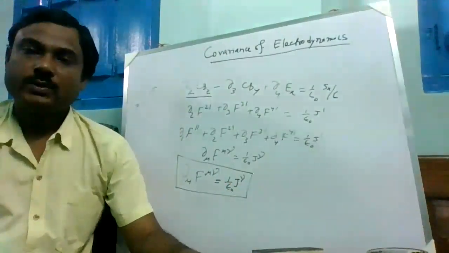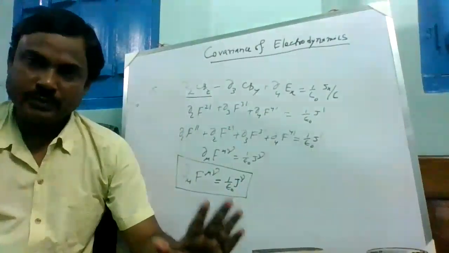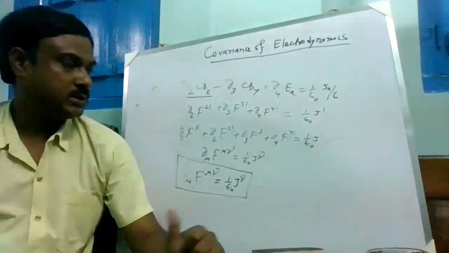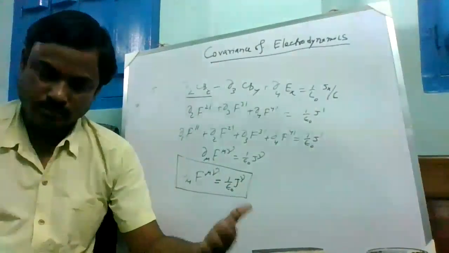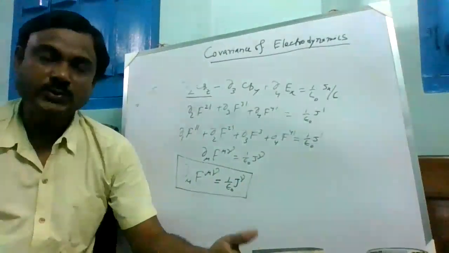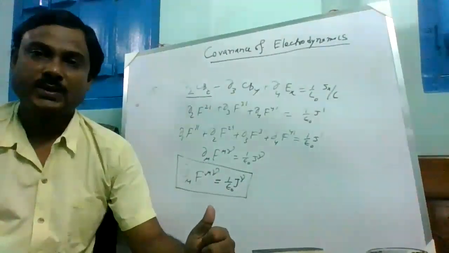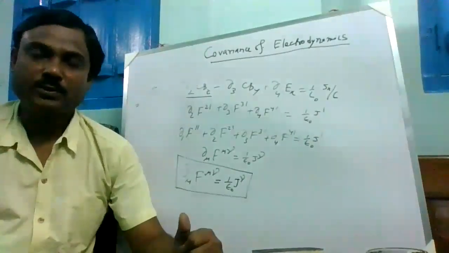And now we have expressed two of the Maxwell's equations into covariant form. Then we are left with only the two homogeneous Maxwell's equations. I am requesting you to do the rest on your own.